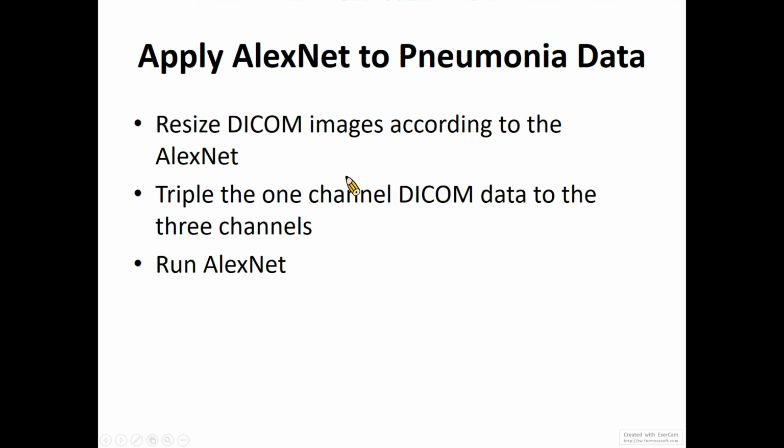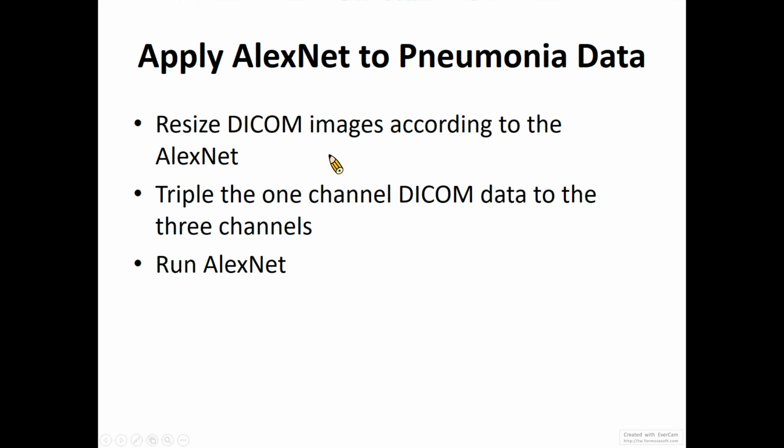For the next step, we need to learn how to apply AlexNet to the pneumonia data. And the key point is that you need to resize the DICOM images according to AlexNet. So remember, in AlexNet, the input size is 227 by 227 by 3.